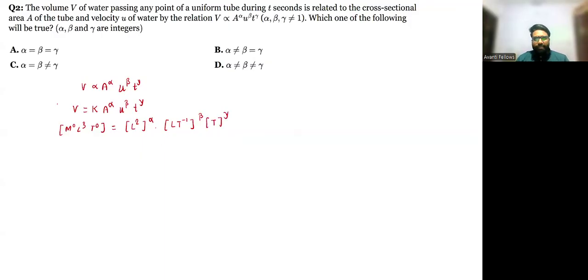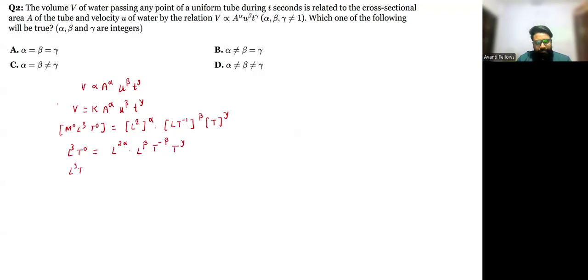Now we have to equate the powers of L and T on both sides. So here we have L3 T0 equals, this will become L raised to the power 2 alpha, this will become L raised to the power beta, T raised to the power minus beta, and T raised to the power gamma.